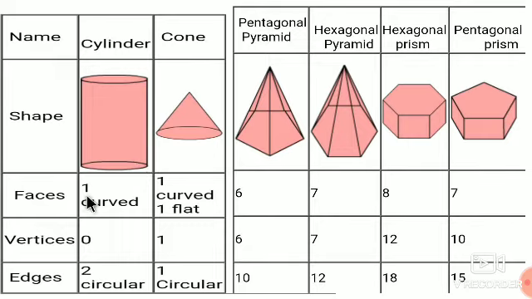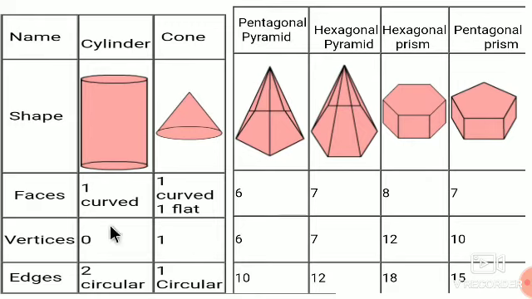That's why here one face only we have to mention, that is the curved face. If it is closed, your answer will be 3 faces, 2 flat circular faces and 1 curved face. But here your answer is 1 curved face. Correct? And for the cone, 1 curved and 1 flat face is there.